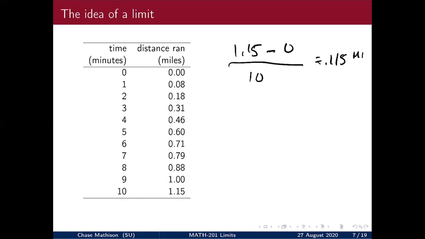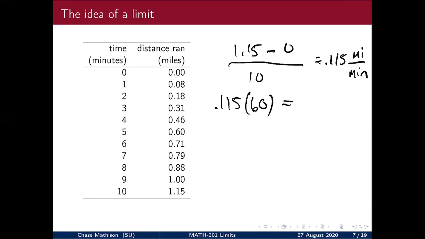And this is 0.115 miles per minute. How did I get this into miles per hour? I multiply by 60. So 0.115 times 60 equals, well, I'm going to do this in my head mentally.